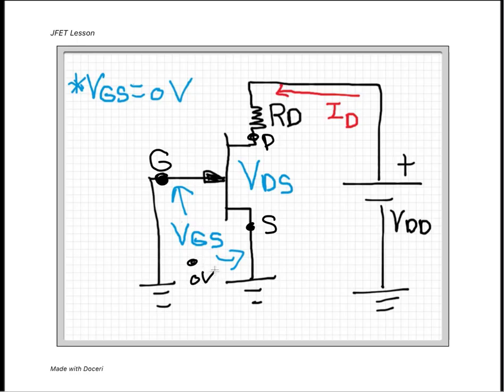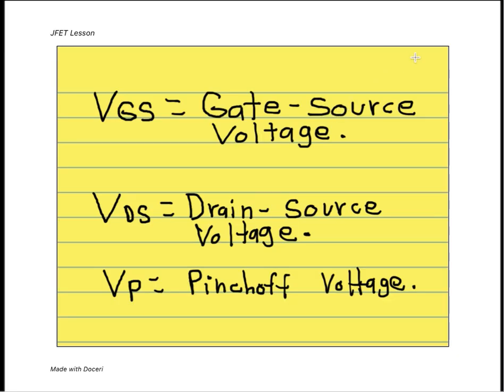In our little example there, that would mean that our drain current is equal to 10 milliamps, which would be IDSS. That's totally dependent on the JFET device you have in your hand. But that's at that particular point, and this means it's the wide open conduction channel width. Drain current is at a maximum.